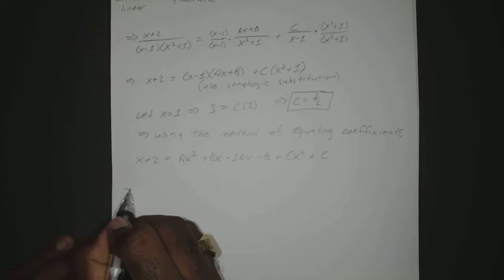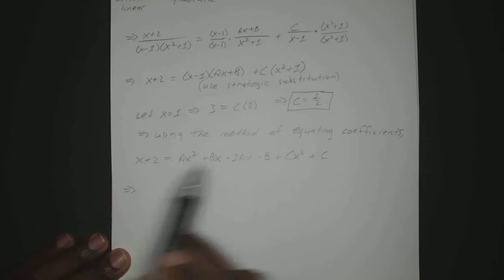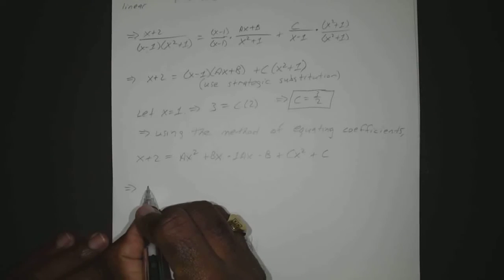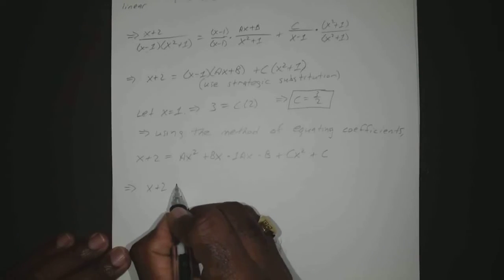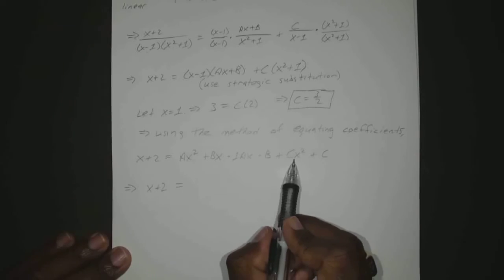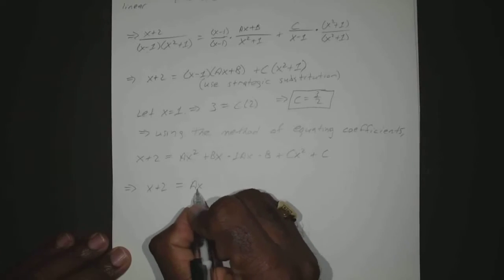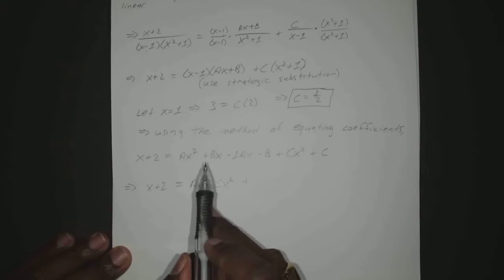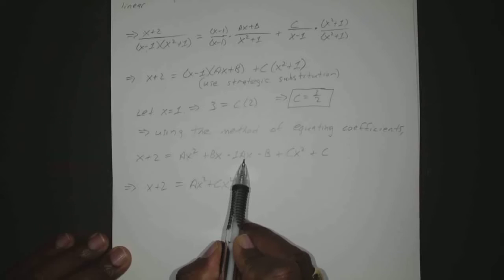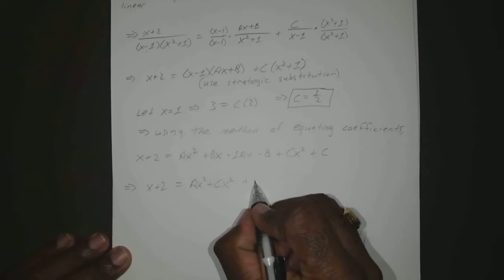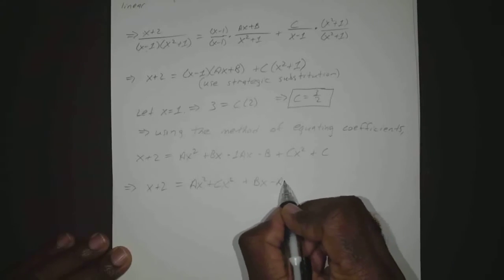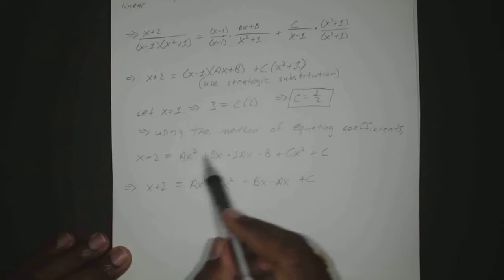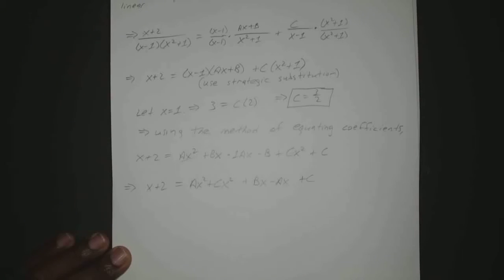If we go ahead and combine our matching variables and exponents, x plus 2 equals ax squared plus cx squared, plus bx minus ax, plus c. Make sure I got them all. Minus b. Yeah, missing the minus b.